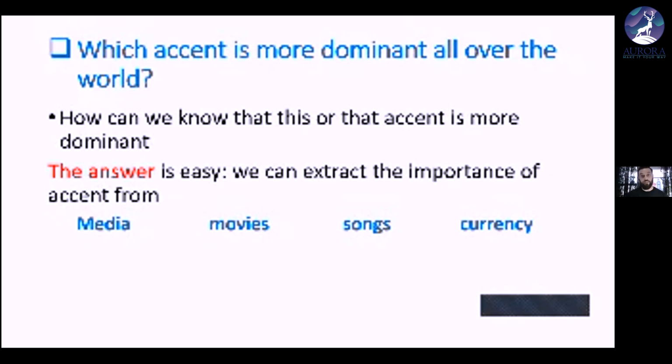What about movies? We know MBC2, MBC3, MBC, all these channels have the American style. Why? Because they are the most popular channels for the Arabic world.